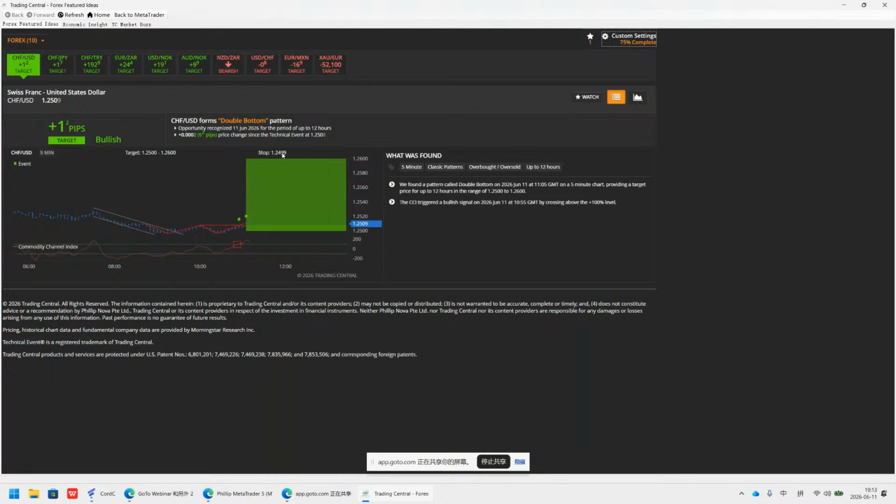Now we can see that on the home page, it shows 10 different trading strategies for these different currencies.